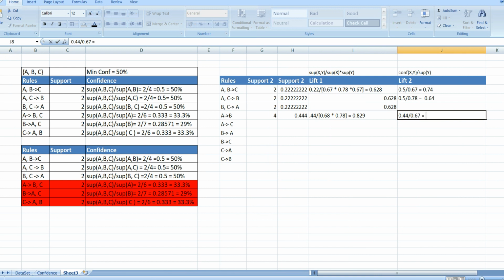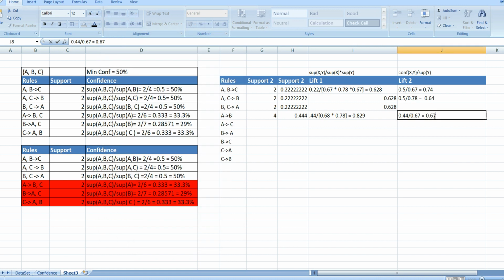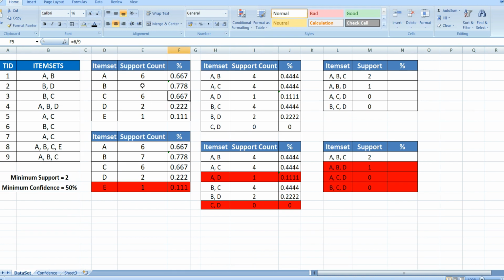which then, if we do the calculation, 0.44 divided by 0.67, we get 0.65. Then that's the confidence, and for us to calculate the lift, we have to divide that by the right side, which is B, and we want to get the support of B, which happens to be 0.78.